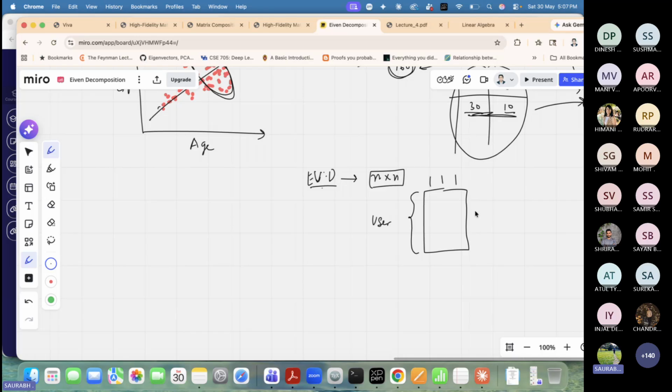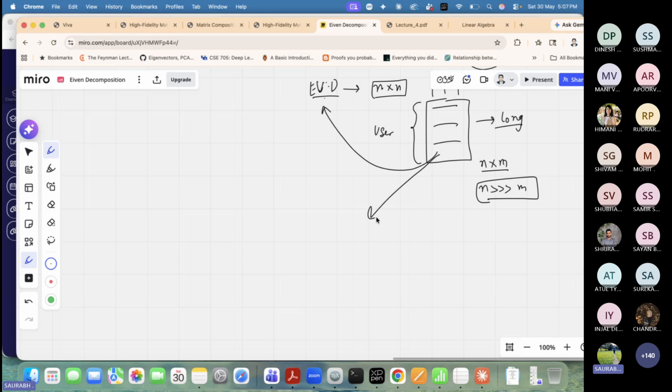So you will have long form data just like this. You will have an n cross m matrix, where n is generally much, much more than m. When you have data like this, you cannot do eigen decomposition. In that case, you will have to learn something else, called singular value decomposition, which we'll be learning tomorrow. Yeah, go ahead.